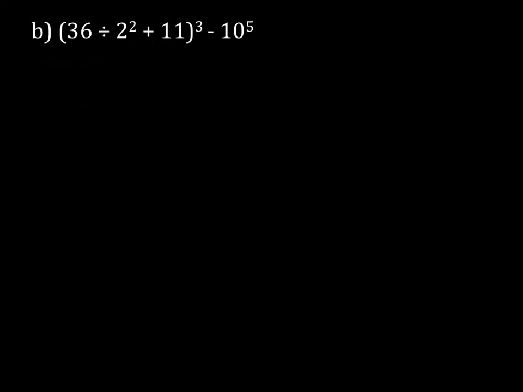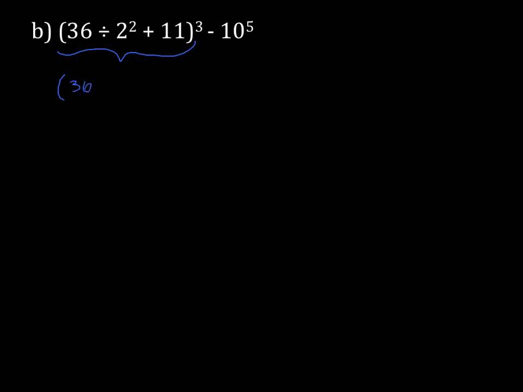All right, one last problem. Here I have 36 divided by 2 squared plus 11, all cubed, minus 10 to the 5th. BEDMAS rules state that I'm going to evaluate the expression in brackets first. So I'm going to work inside the brackets first and apply BEDMAS inside the brackets.